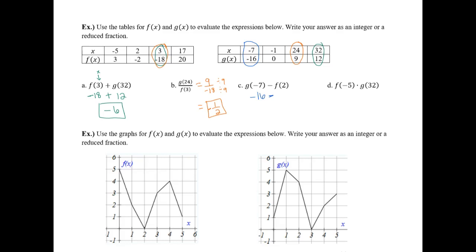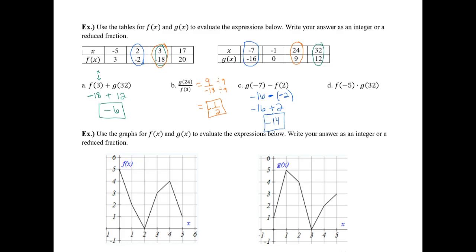Over on our f table, we find when we input 2, we get out negative 2. Again, don't lose those signs. We were already subtracting. We got out a negative value. So when we subtract a negative, that changes to plus 2. Negative 16 plus 2 ends at negative 14.